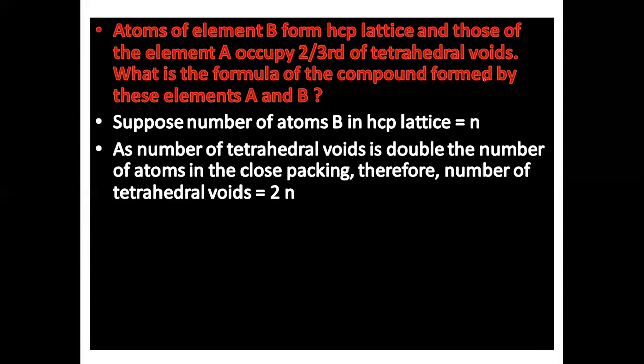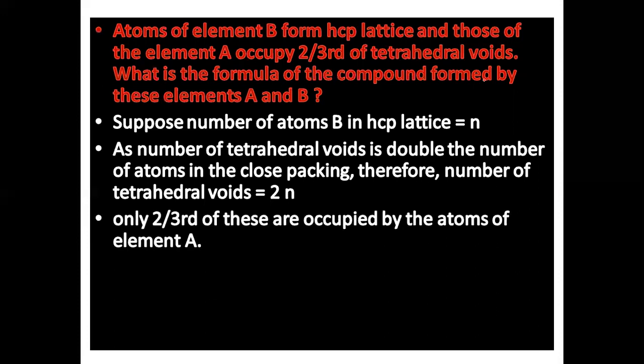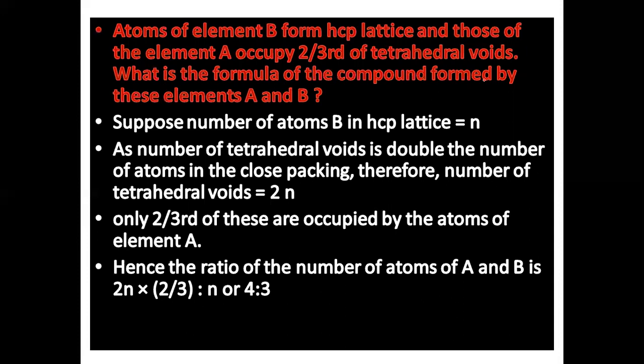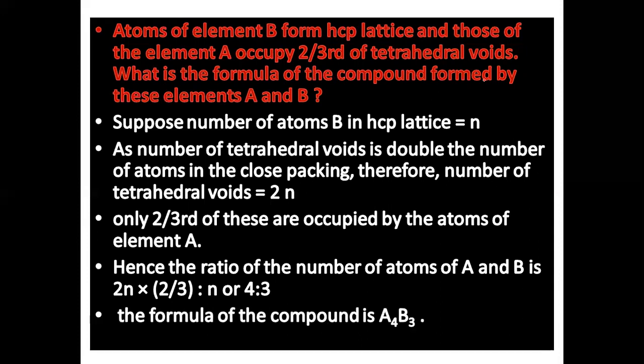And as the number of tetrahedral voids is double the number of close packed atoms, it means the number of tetrahedral voids is equal to 2n. And element A occupies 2/3 of tetrahedral voids. It means it is equal to 2n into 2 by 3. And the ratio of A and B is 4:3, and its formula is A4B3.